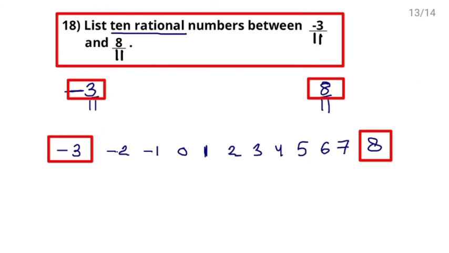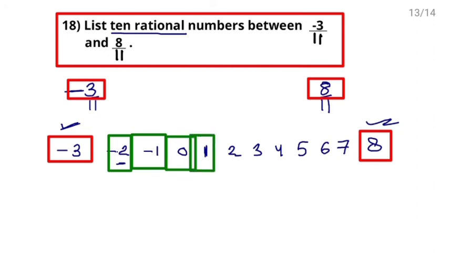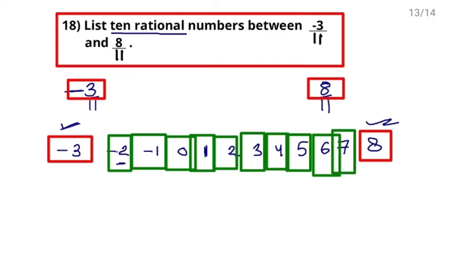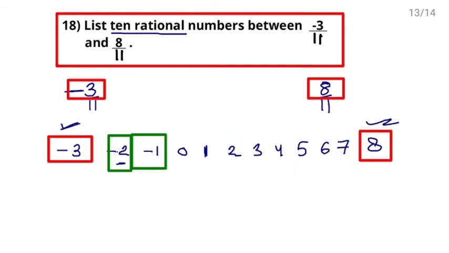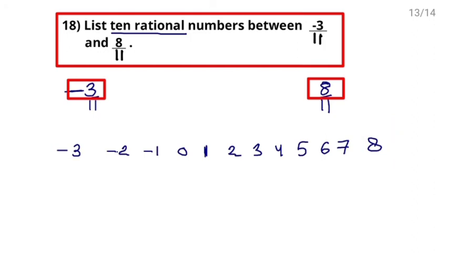So count these integers which we have found between these given integers. 1, 2, 3, 4, 5, 6, 7, 8, 9, 10. Yes, we are getting 10 integers between them. So we can easily find the 10 rational numbers between them, right?